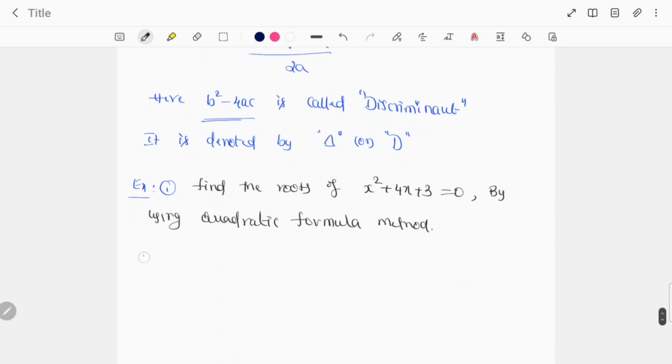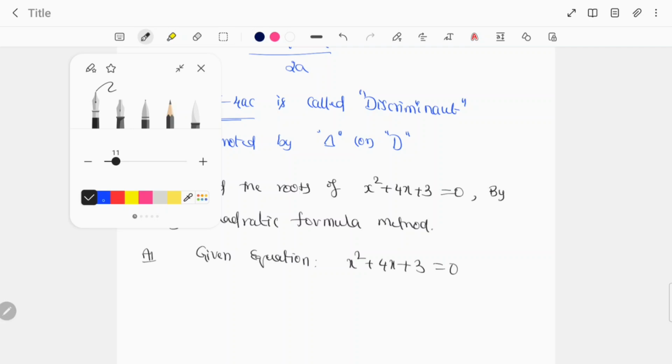So the given equation we can write: x² + 4x + 3 = 0.